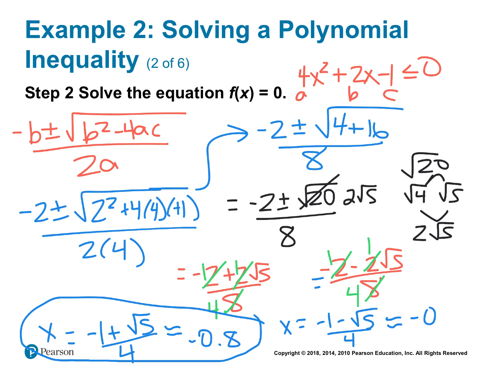I'm sorry, I mixed them up there. The first one gives you about 0.3, and this one is the negative 0.8. So our x's are 0.3 and negative 0.8. You would get the exact number if you kept them in radical form.